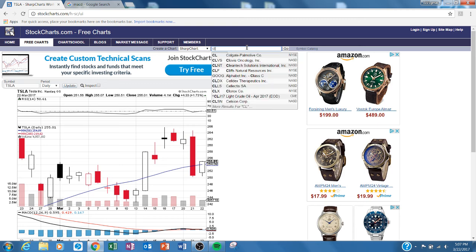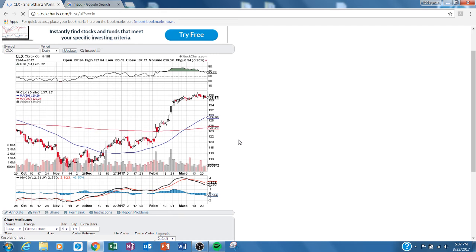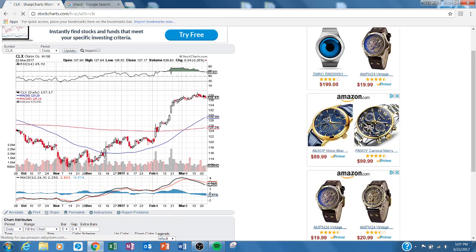And then we could say Clorox, CLX, see what that one's doing. I could tell you right off the bat, this one's already not going to happen, because look at all this green up here that went way over the 70 range. It's way overbought right now, so more than likely it's going to start coming down. And if you look at the MACD here, it looks like the 9-day is starting to get a little larger in the downward direction.